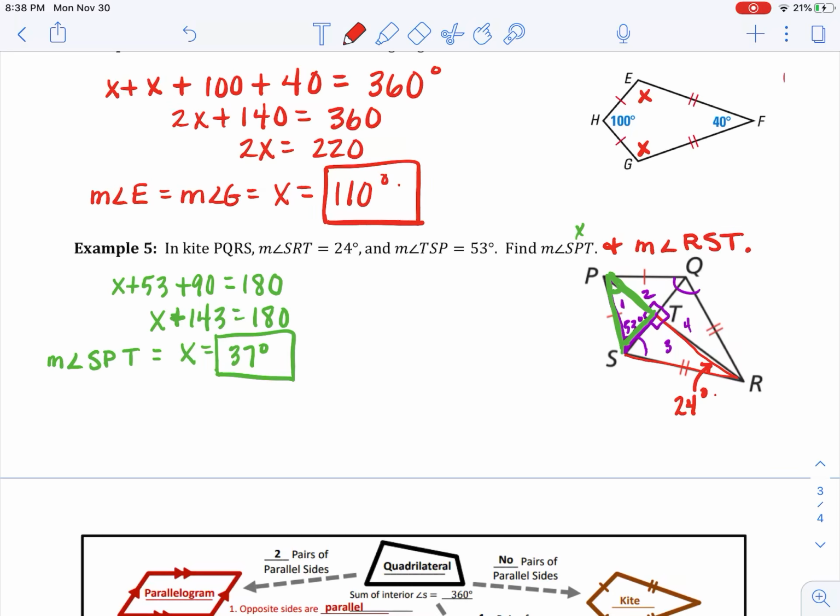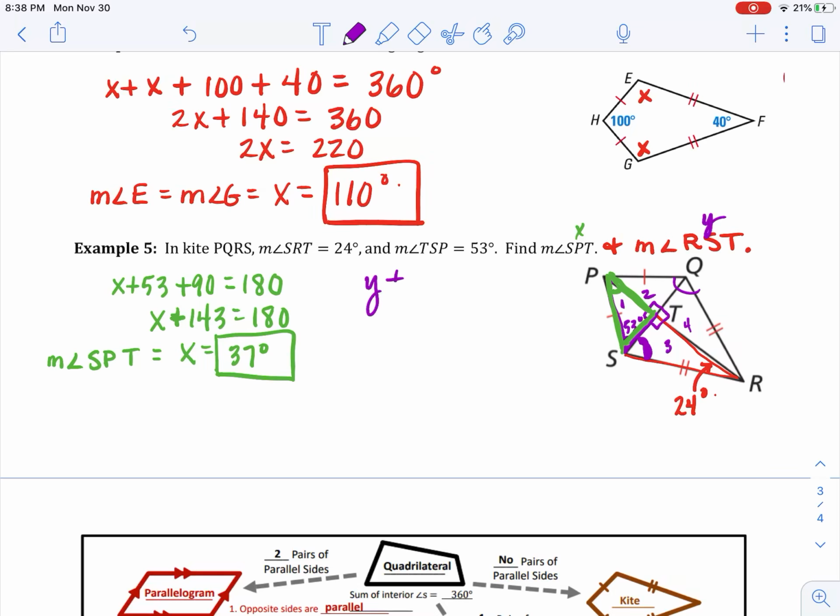I totally forgot. So if we look down at RST, and again, if you were going to trace it, it would be this purple one right here, right? That purple angle I just highlighted. And so again, if you focus on triangle 3, let's call that one Y. We have a missing Y, we have a 90 degrees, and we have a 24 degrees inside of that red triangle that has that purple highlight in it.